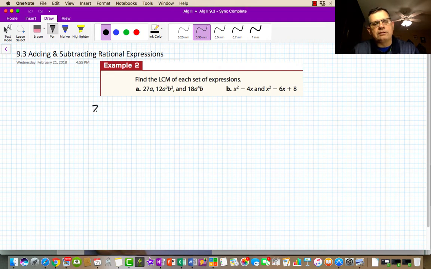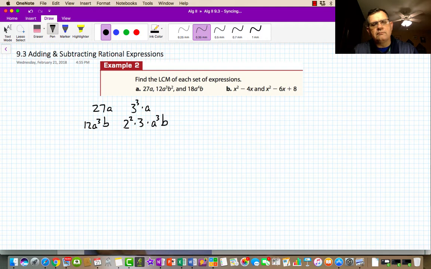So let's factor 27a. That's going to equal 3 cubed times a. Let's factor 12a cubed b. That's going to be 4 times 3, which is 2 squared, times 3 times a cubed b.